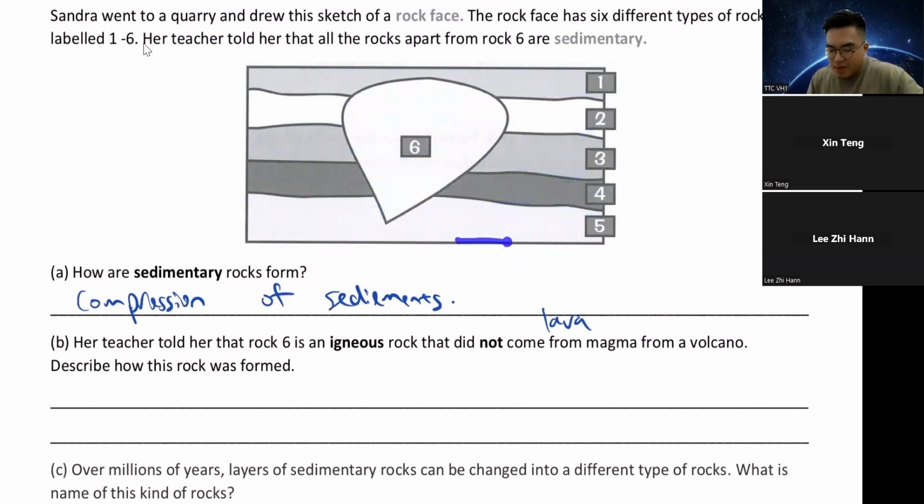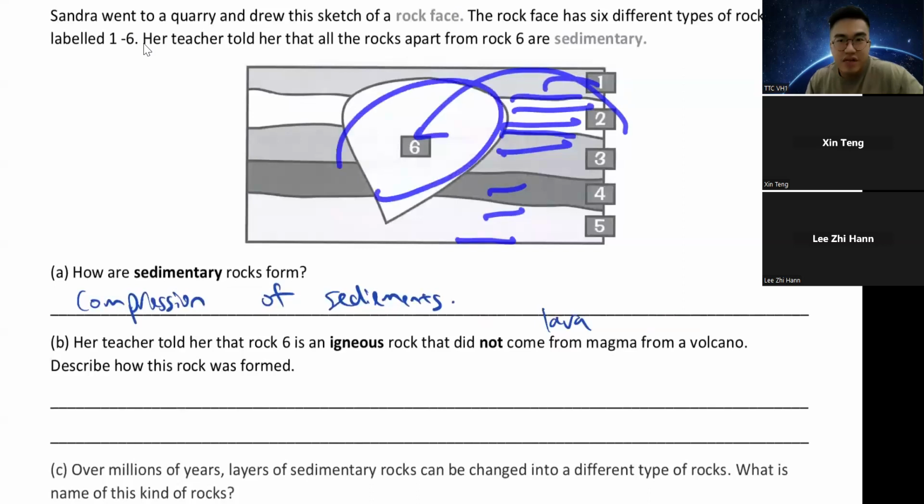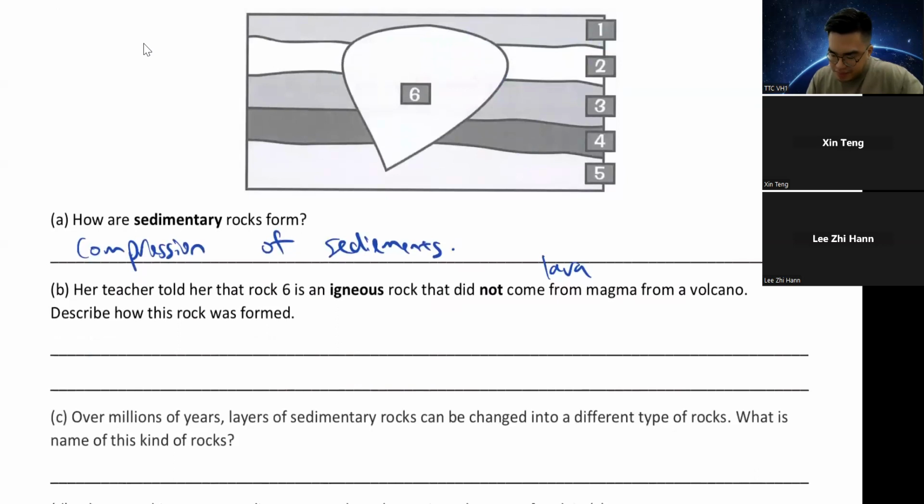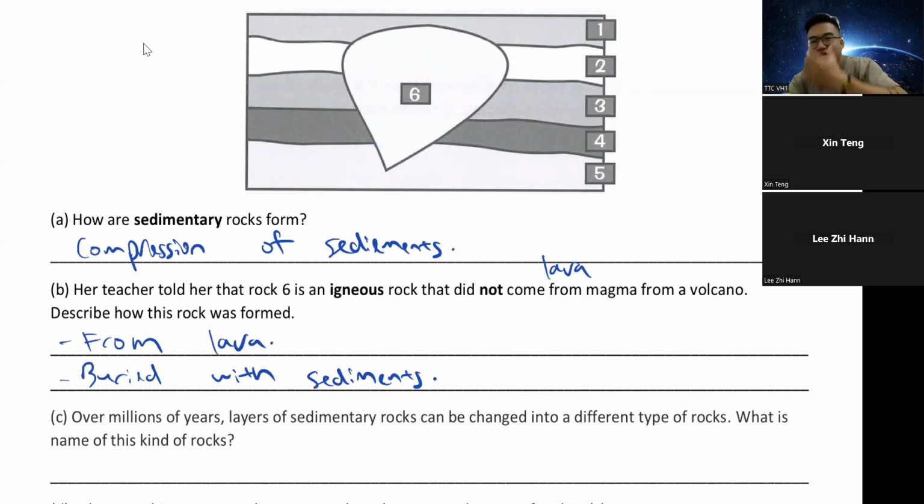It must be they are burying halfway, this thing dropped here, and then this further got buried. So this is definitely from the surface, which is from lava. Okay, it is buried with sediments. So this lost guy, he's kind of lost. He is a baby among all these uncles.